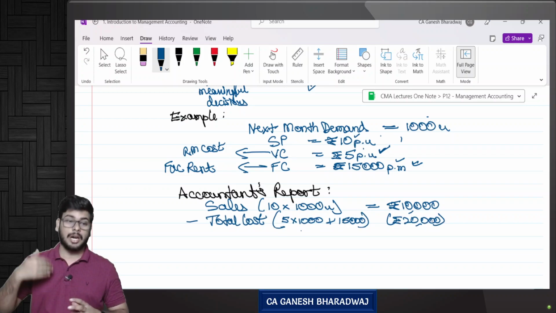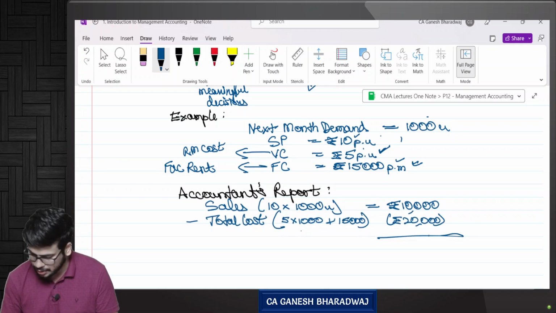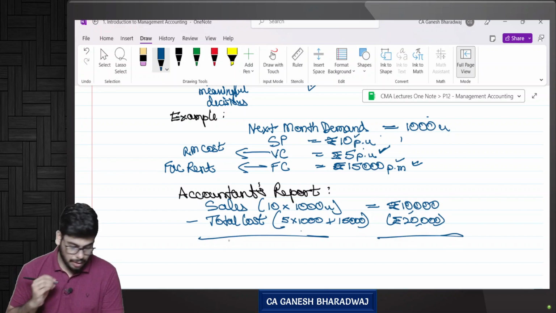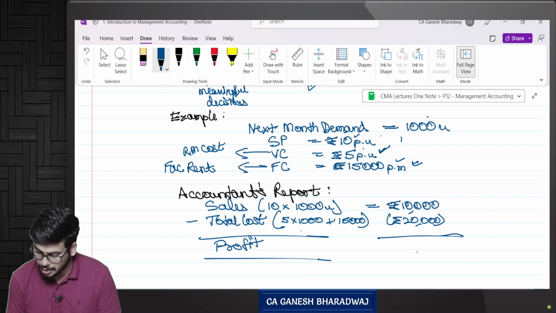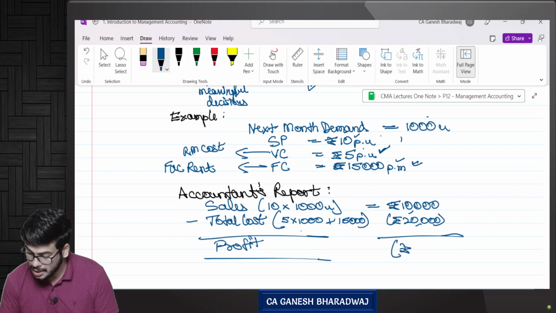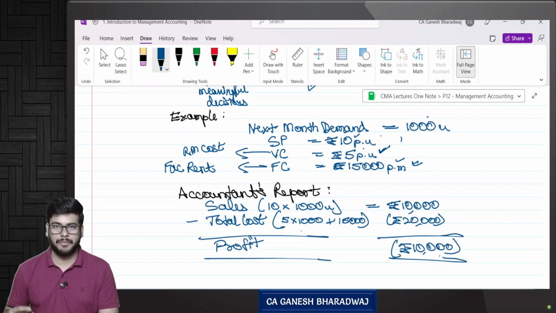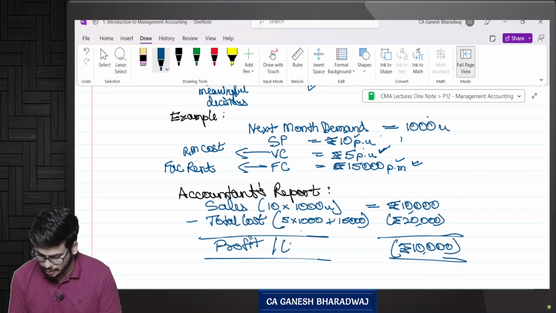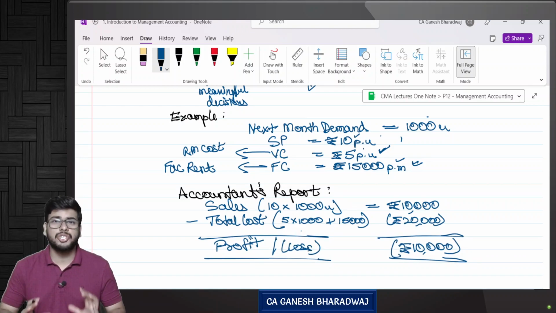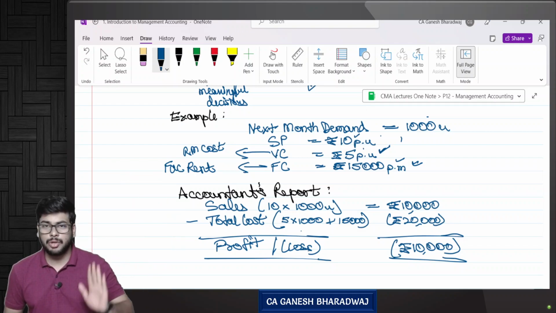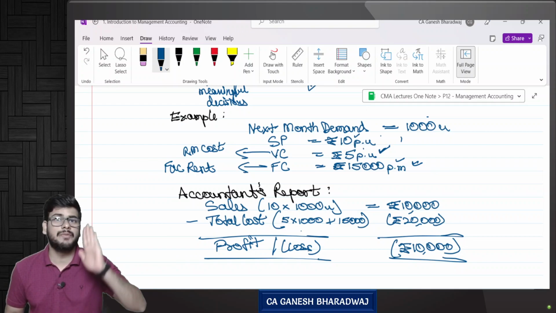So if I continue my production in the next month, what will be my total profit? The profit will be negative 10,000. That is, there will be a loss, or if you want, I can write within brackets, loss. So suppose you are a normal accountant, not a management accountant, and you were asked to advise the managing director.